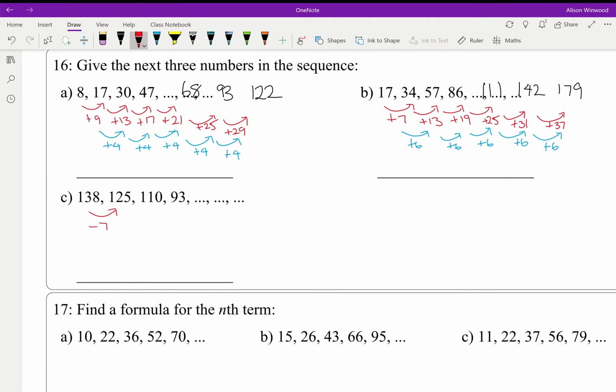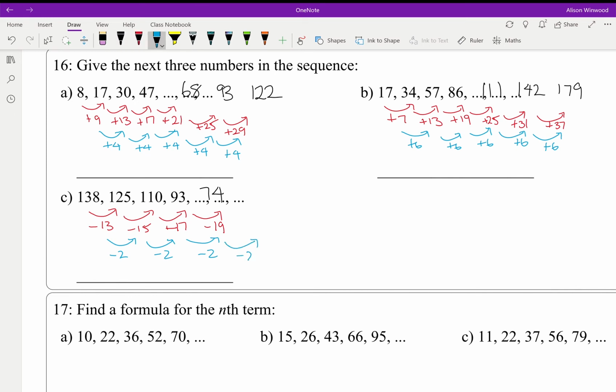This is subtract 7. Subtract 13. Subtract 15. Subtract 17. So this is subtracting an extra 2 each time. So subtract another 2, takes me to negative 19. 93 subtract 19 is 74.